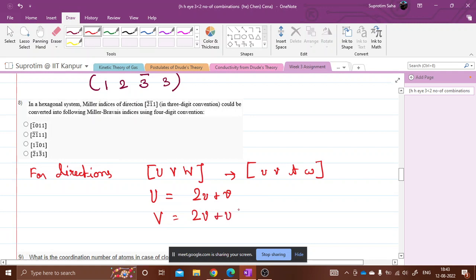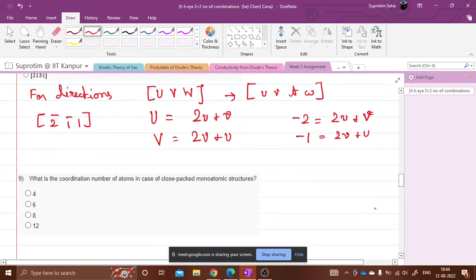Okay, so now we are given 2 bar 1 bar 1. So minus 2 is 2u plus v, minus 1 is 2v plus u.